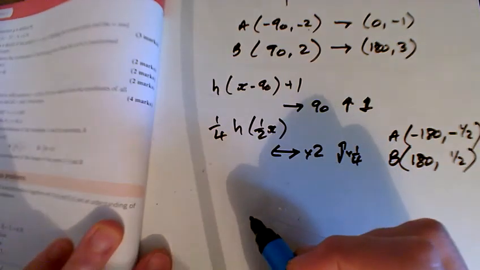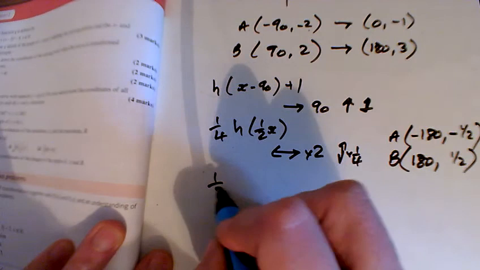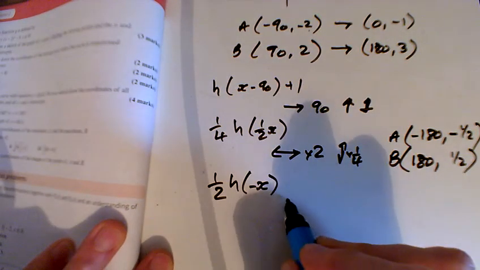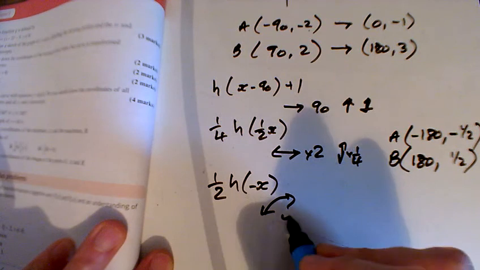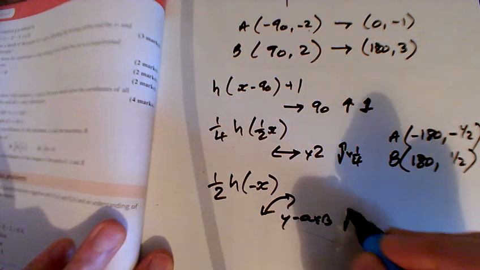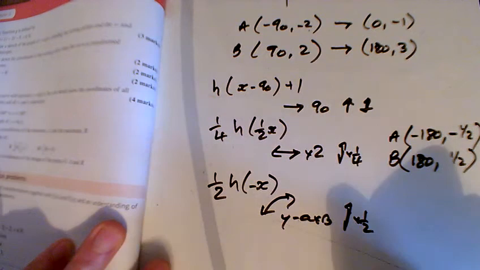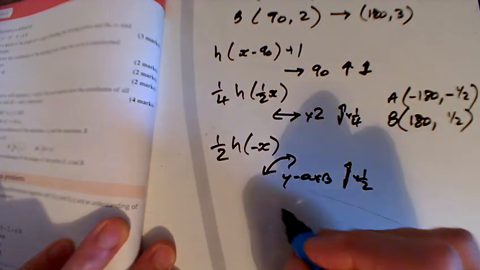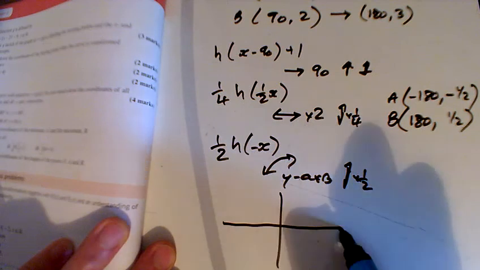And the last one of that, I've got a half of minus x. So we're going to reflect it in the y-axis. So we've got a y-axis reflection and then a stretch times by a half in the y direction. I might try and draw this one then.